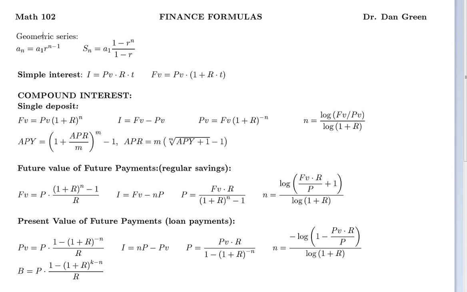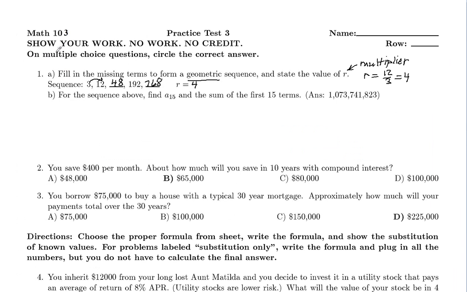In a geometric series, this is the nth term: you start with the first term and then multiply by the multiplier one less than the number of times. So let's write that out: an equals a1 times r to the n minus 1. What we're finding specifically is a sub 15, the 15th term.